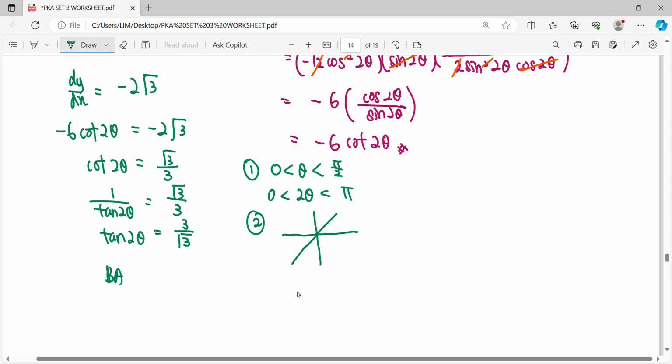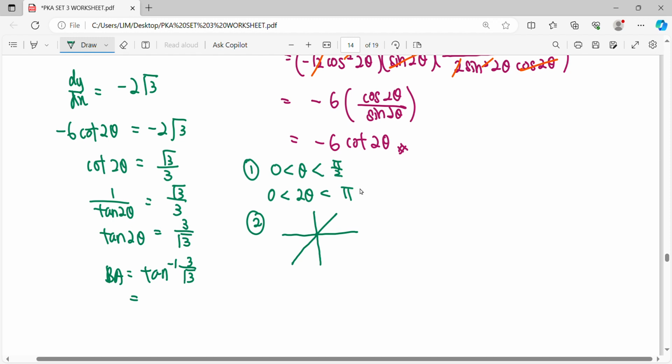Shift tangent of the value. When you press your calculator, make sure you are in radian mode. When the question is given in radian, answer all in radian, no degrees.